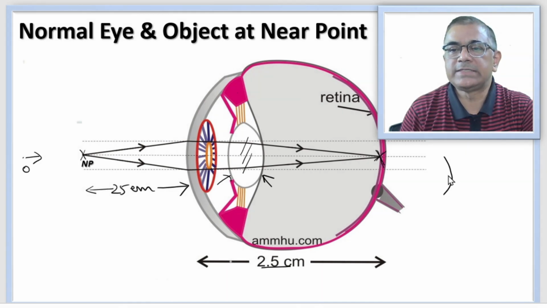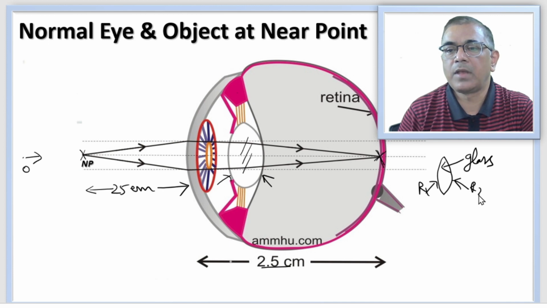For a glass lens, the material used is glass. The radius of curvature from both the sides is fixed, and so its focal length is fixed, as given by the formula.